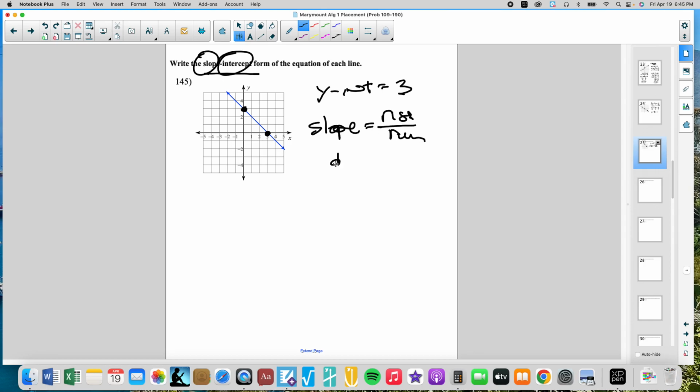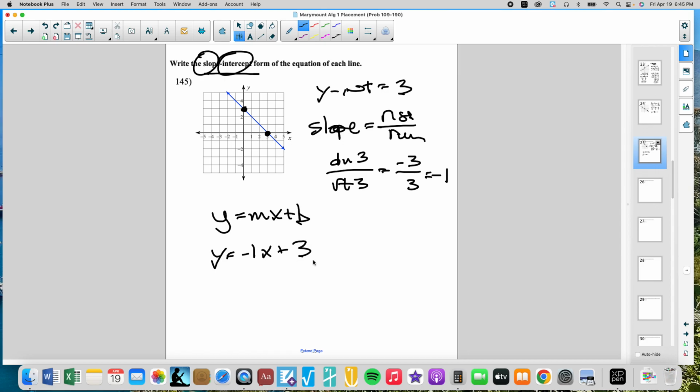I'm going to go down 1, 2, 3. And then I'm going to go right 3. Down is negative 3. Right is positive 3. So I get a slope of negative 1. Now we use the template y equals mx plus b. Y equals, we're going to fill in for slope, which is negative 1, and we're going to fill in for our y-intercept, which is 3.